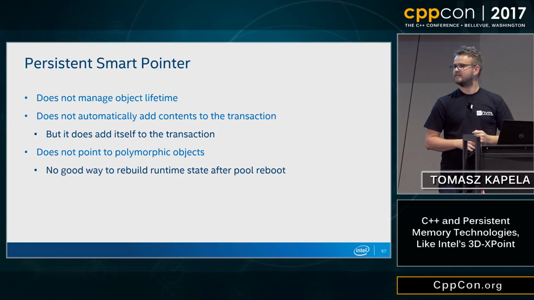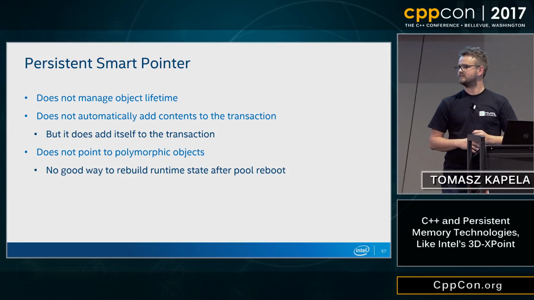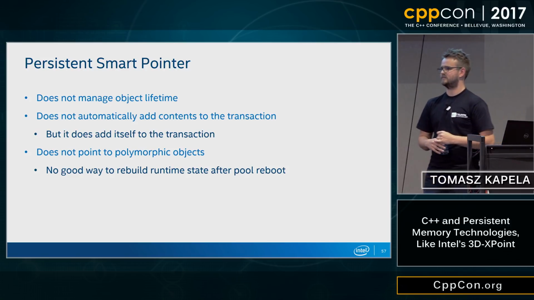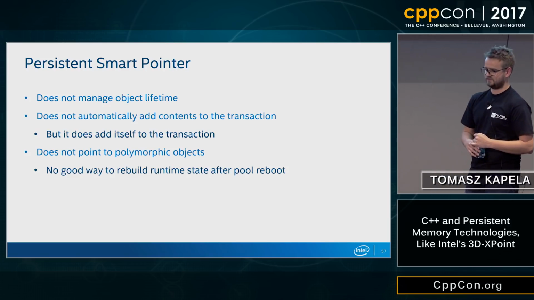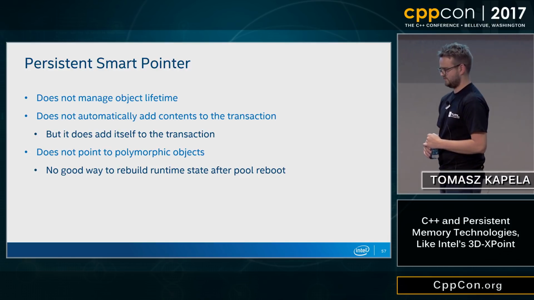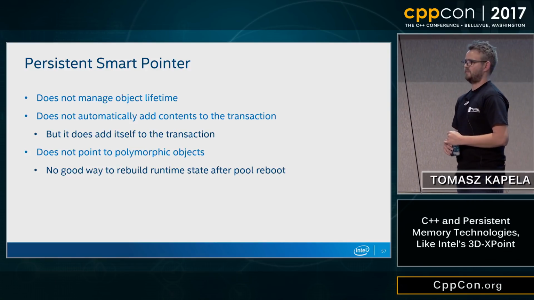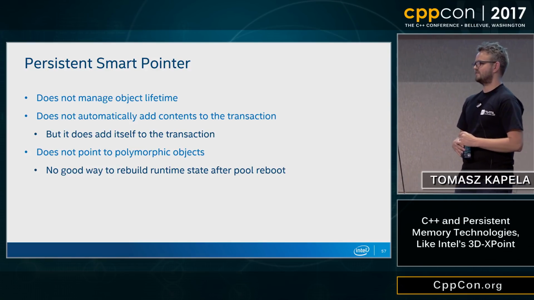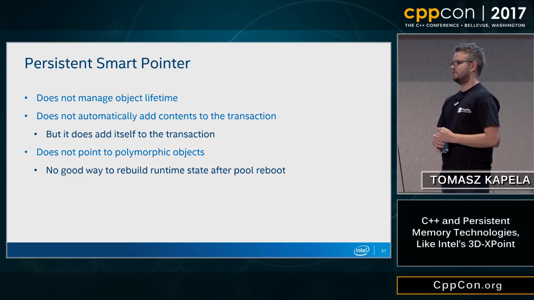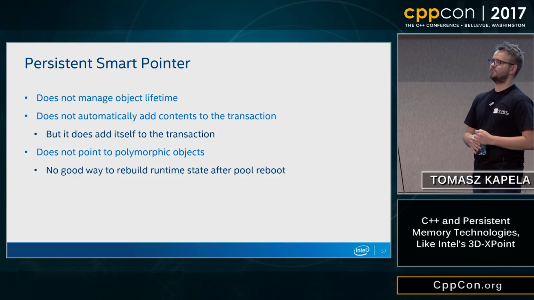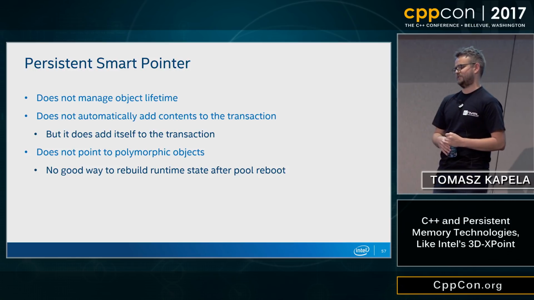Is there a reason why there's only one pointer type? Like you replaced a shared pointer, but if you had a unique pointer or a raw pointer, why don't you have a persistent unique pointer, persistent shared pointer, persistent raw pointer, and so on? You probably could. I'm not saying you couldn't. Wouldn't that solve the issue that some pointers you don't want to delete stuff they own? No, because it's not really the type of the pointer that matters.